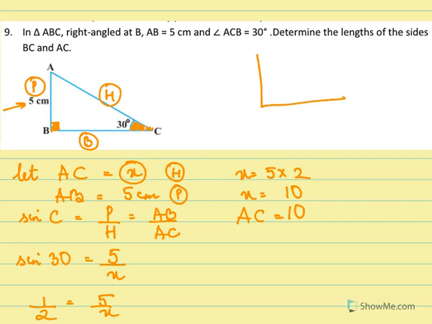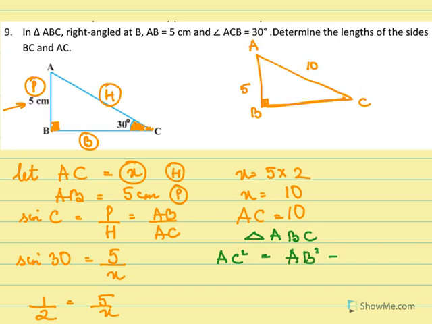Now if you want to find the other side, we already know this is 90, this is 10, and here we know it is 5. In triangle ABC we need to find BC. So we are going to use the Pythagoras theorem in the next step. So in triangle ABC, by Pythagoras theorem, AC square equals AB square plus BC square.